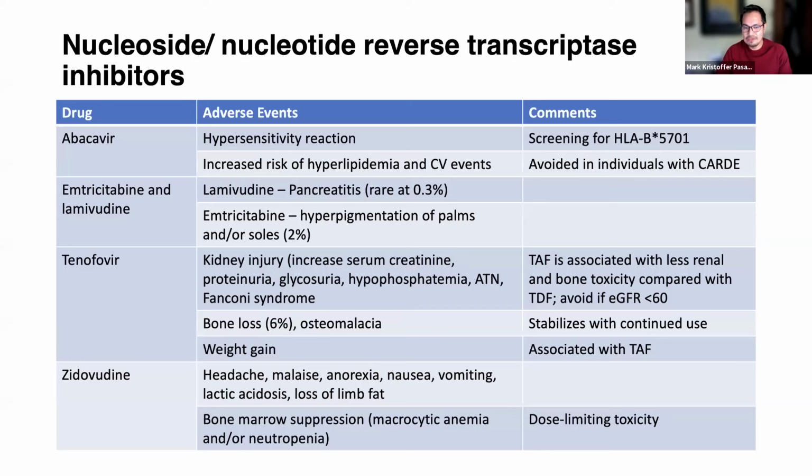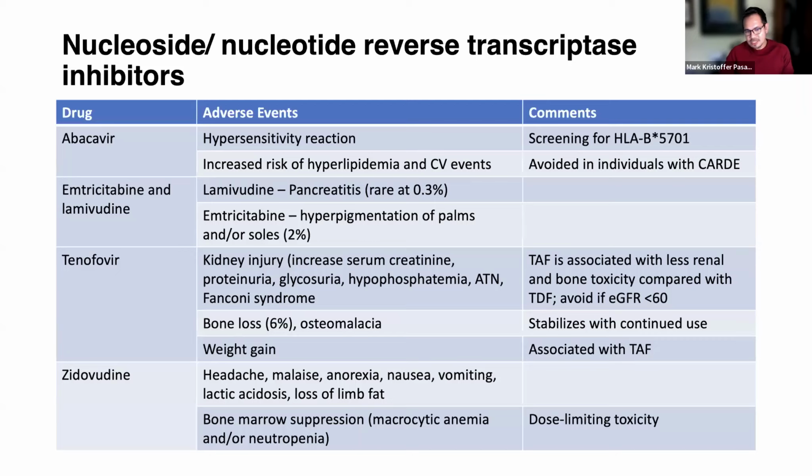So hindi naman ganun alarming ang bone loss and osteomalacia if tenofovir is part of your treatment regimen. Weight gain is also associated with tenofovir, but this is more associated with your TAF rather than your TDF. For zidovudine, this is no longer our first line, but for patients given zidovudine, headache, malaise, anorexia, nausea, vomiting, lactic acidosis, and loss of limb fat or lipoatrophy are the common adverse events.